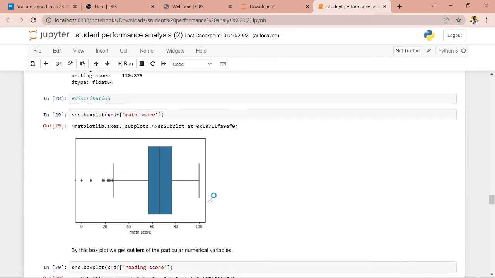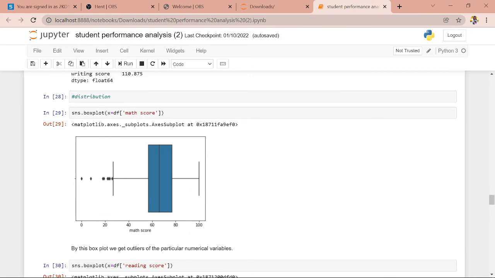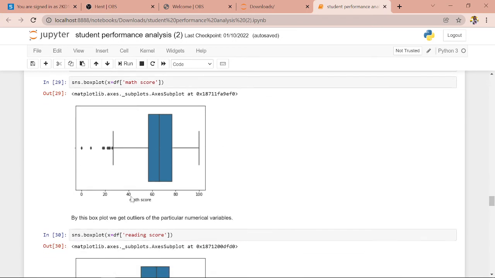In distribution, seaborn sns.boxplot, x equals df math score. Here the math score is a box graphical structure, around 57 or 58 to 78 math score.